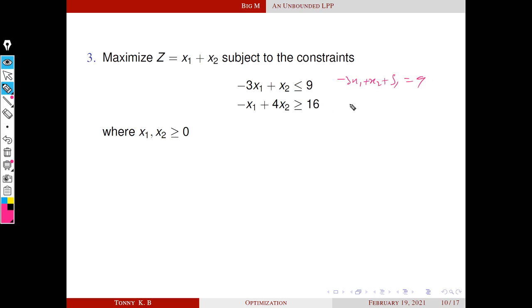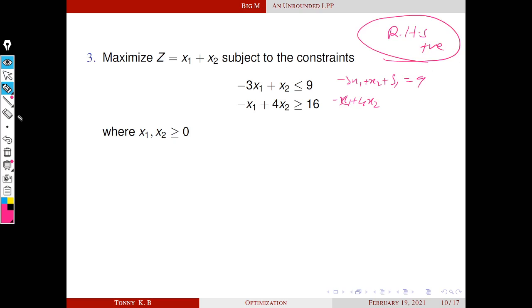What about the second one? Minus x1 plus 4x2. Greater than, no, already it is in standard form. RHS should be positive.